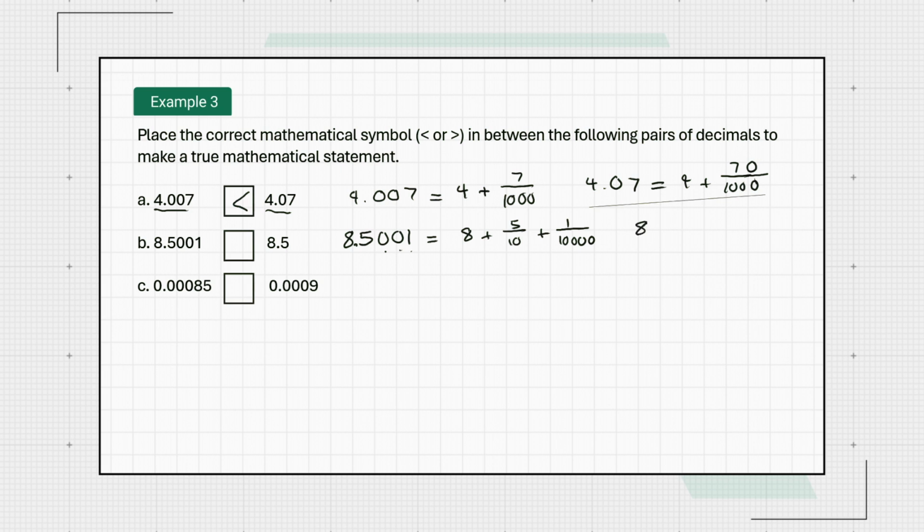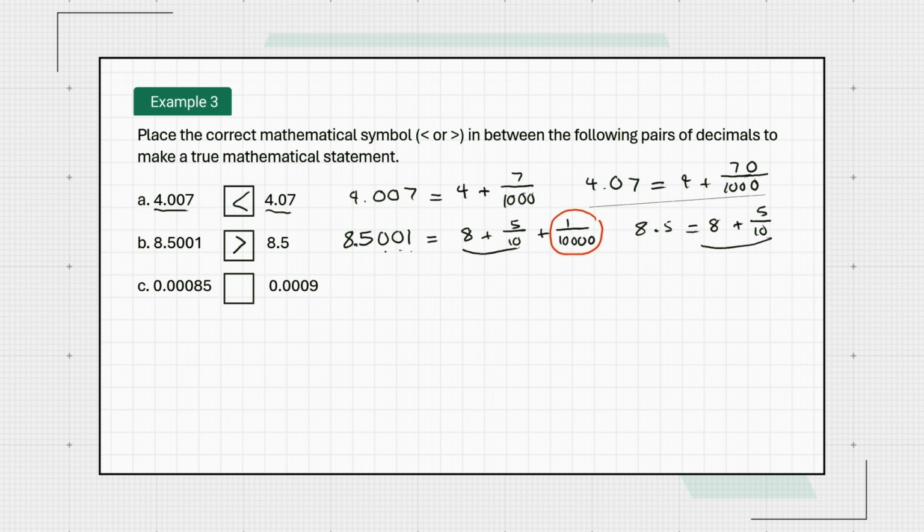And we're comparing this with 8.5, which is 8 whole units plus 5 out of 10. So they're the same up until this point, but this one has an additional 1 out of 10,000, which makes it slightly larger. So 8.5001 is greater than 8.5.